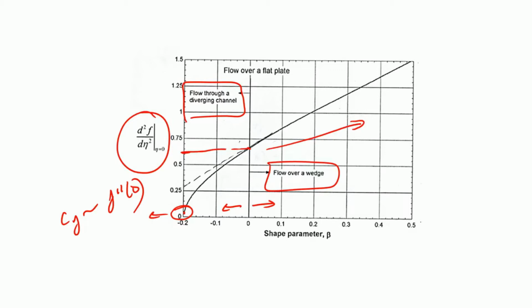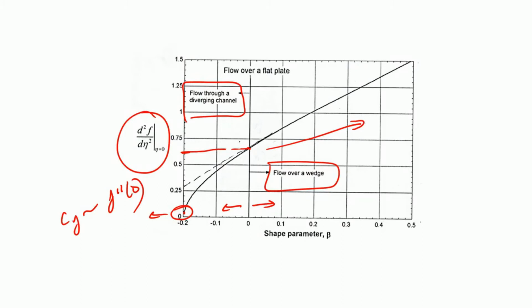So, it is very much like the suction and blowing, except that here the boundary layer thickness is varied just by changing the channel wedge angle, and we are able to get extraordinarily nice profiles out of this.